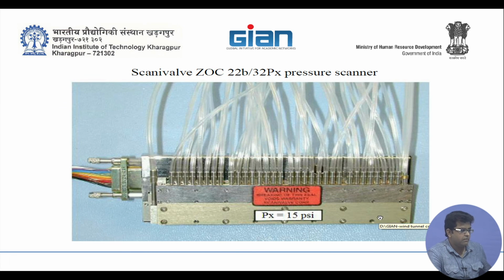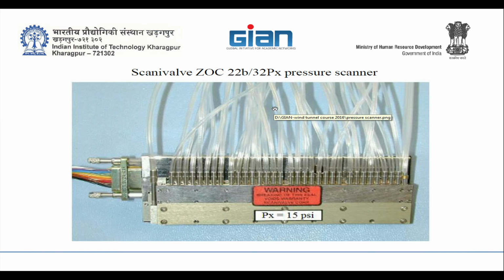And this is the Scanivalve make ZOC 32 port pressure scanner that we have used. Each port has an individual sensor, so each will have its own sensitivity. When the manufacturer supplies the pressure scanner, they give you the sensitivity of each semiconductor sensor.